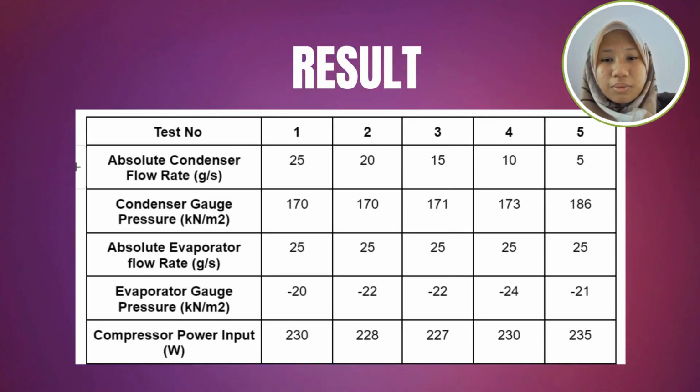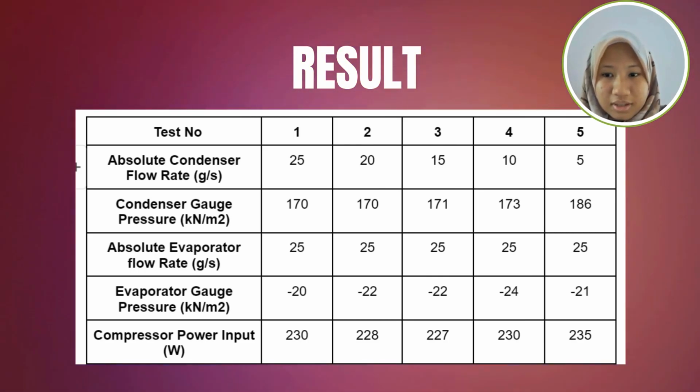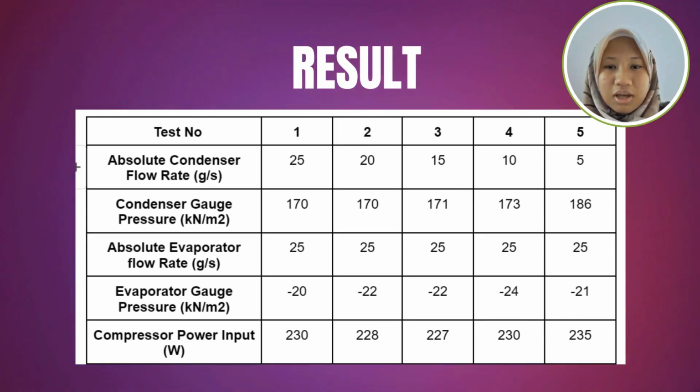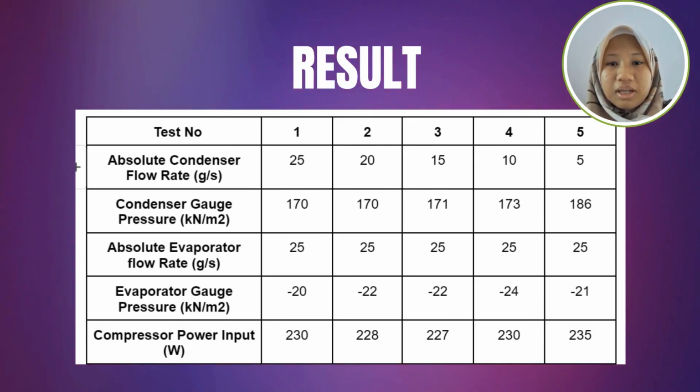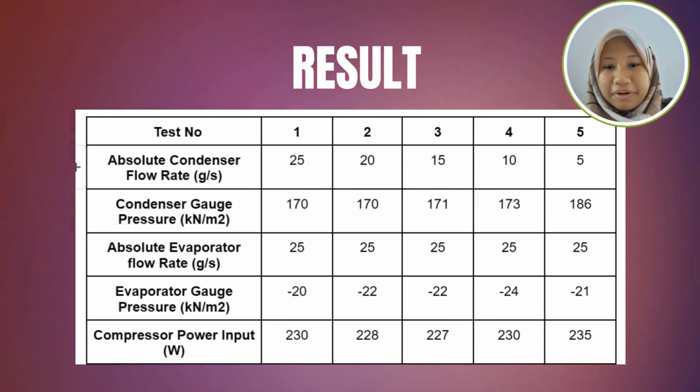This is the result that we get from our experiment. Firstly, we have the absolute condenser flow rate, condenser gauge pressure, absolute evaporator flow rate, evaporator gauge pressure, and compressor power input. All of these we get from our experiment, read from the apparatus.